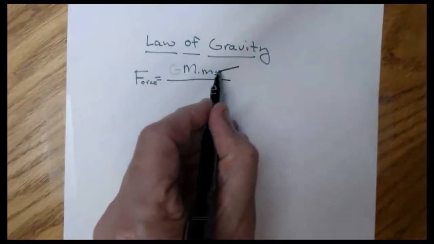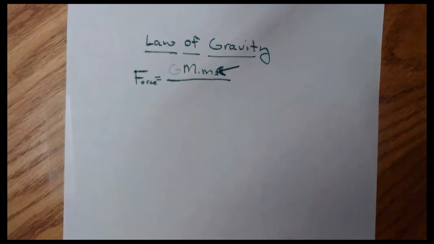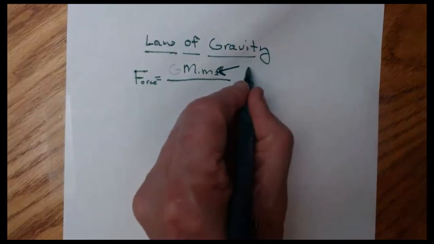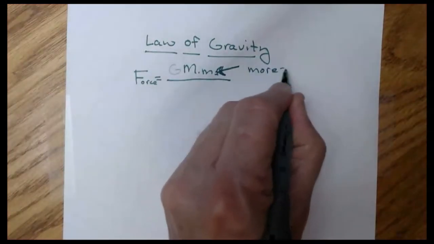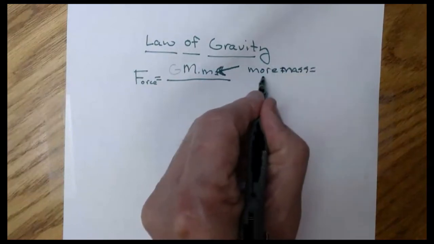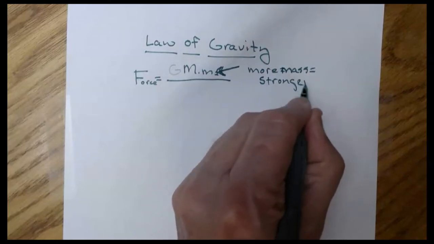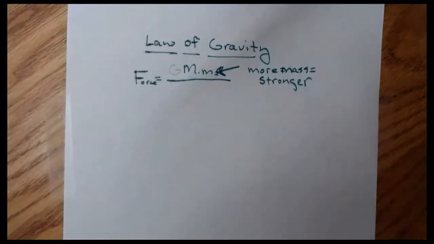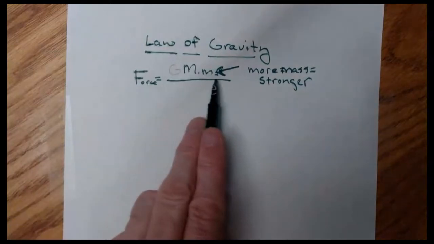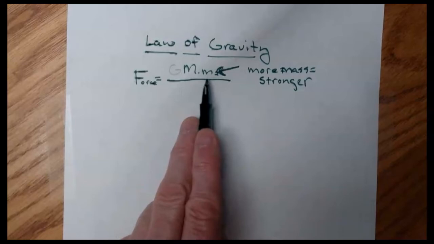This is the part that tells you the more mass you have, the stronger the pull. More mass equals stronger pull. Okay, again, I'm not going to get bogged down too much in the math, but these two things are multiplied times each other: the mass of the earth and the mass of a person.